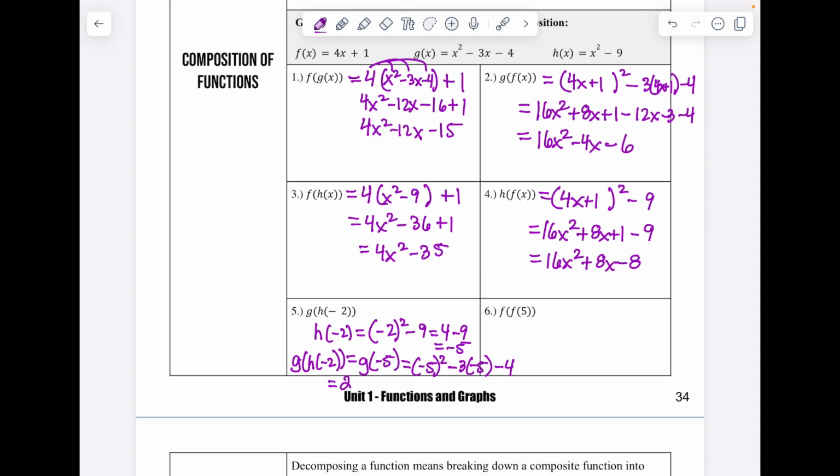So negative 5 squared would be 25. Negative 3 times negative 5 gives us positive 15 minus 4. So 25 and 15 gives us 40. Take away 4 gives us 36. So g of h of negative 2 equals 36.